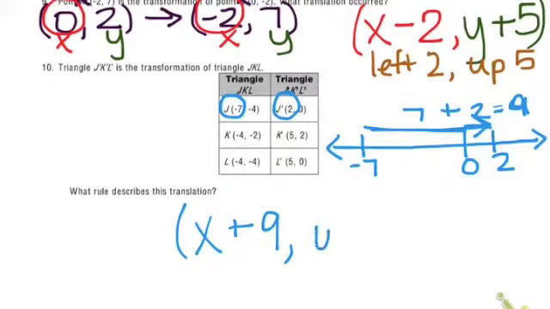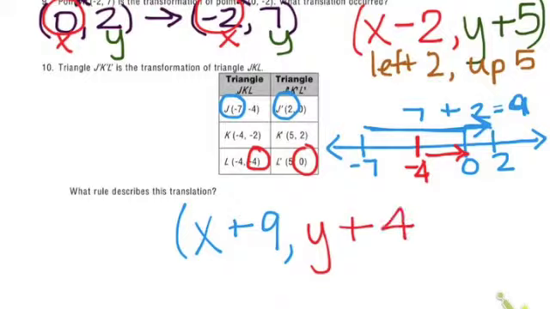Okay. Next, we need to look at our y value. And if we take a y value, again, guys, pick what's easiest for you. I see a -4 and a 0. So to get from -4 to 0, I know that I have to go up, because -4 on the number line is like here. Well, I need to go from -4 up to 0, so I'm adding 4 to my y value.